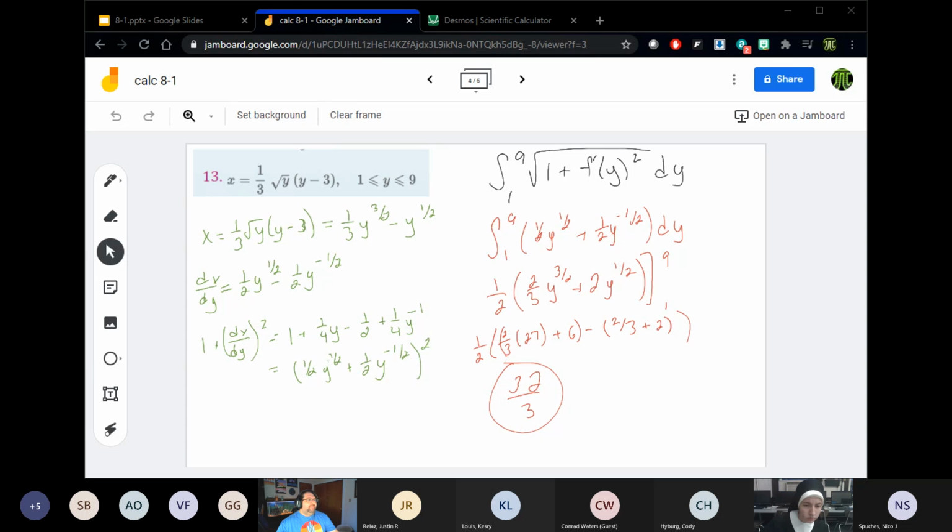A lot of times, the first thing when you're doing problems like this and you get something that looks like a quadratic, you try to take the square root of both ends. So if you take the square root of 1/4 y, you get 1/2 y to the 1/2. Take the square root of 1/4 y to the negative 1, you get 1/2 y to the negative 1/2. And just see, if you FOILed that out real quick, if you get 1/2 in the middle.